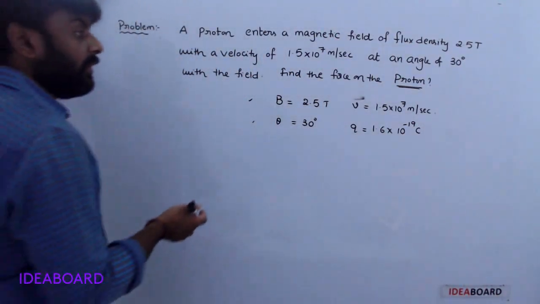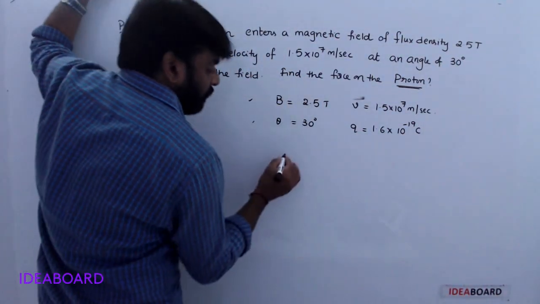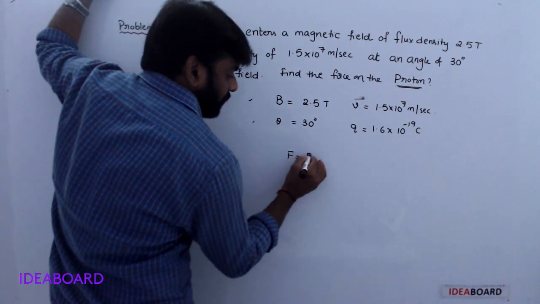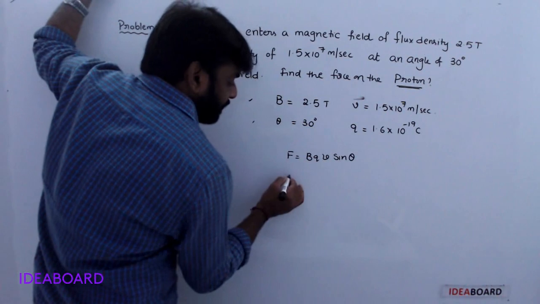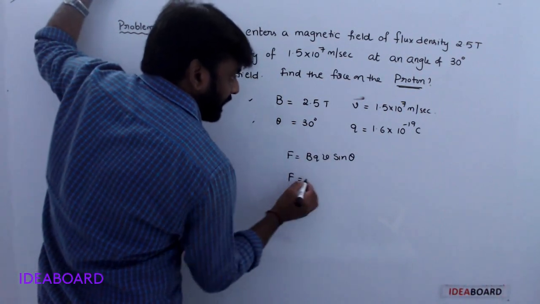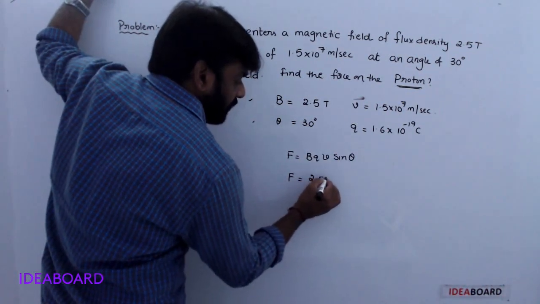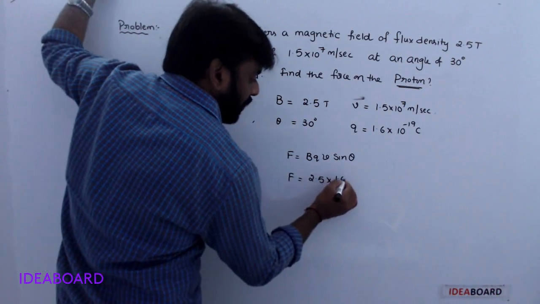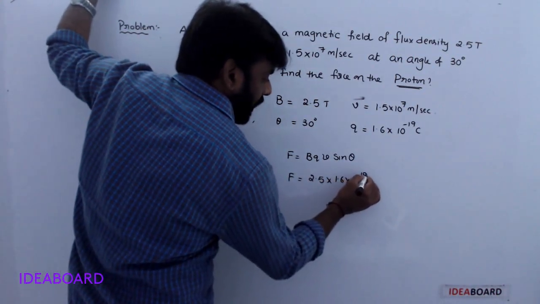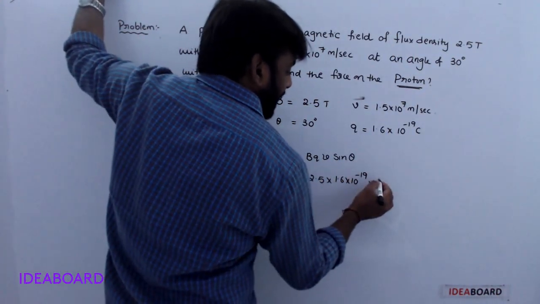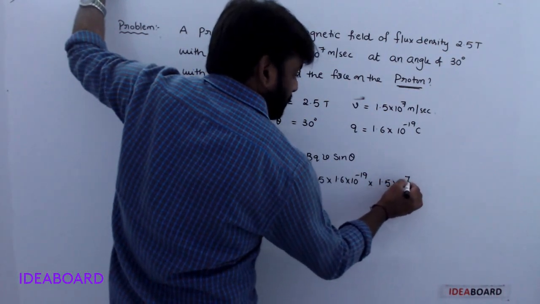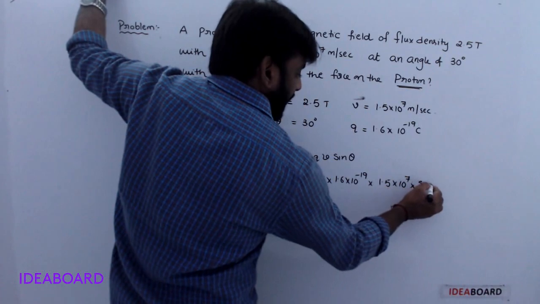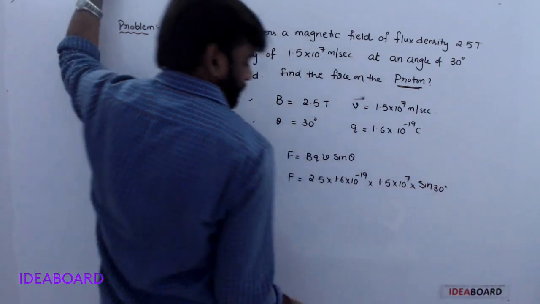What is the required quantity? Force. F is equal to the formula B Q V sin theta. B is 2.5, Q is 1.6 into 10 to the power of minus 19, velocity 1.5 into 10 to the power of 7, sin 30 degrees.